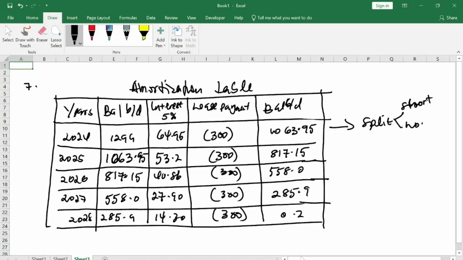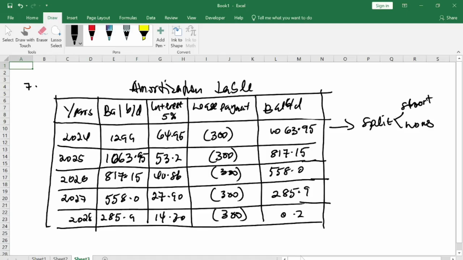So the reason why they advise that you pick the second one as your long-term is because there's a split of long-term and short-term.